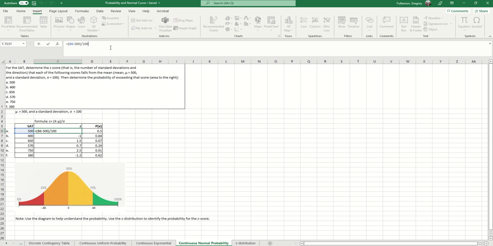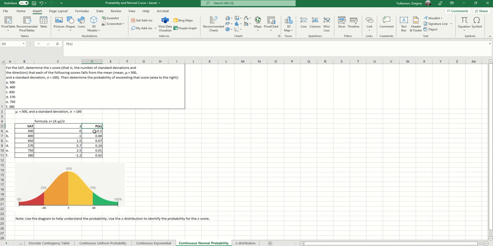And that is what it looks like when we translate that formula into an Excel equation. So B6 minus 500 over 100. The numerator is in parentheses for the order of operations. Okay, so that's a 0, right? And B4 is a 1.